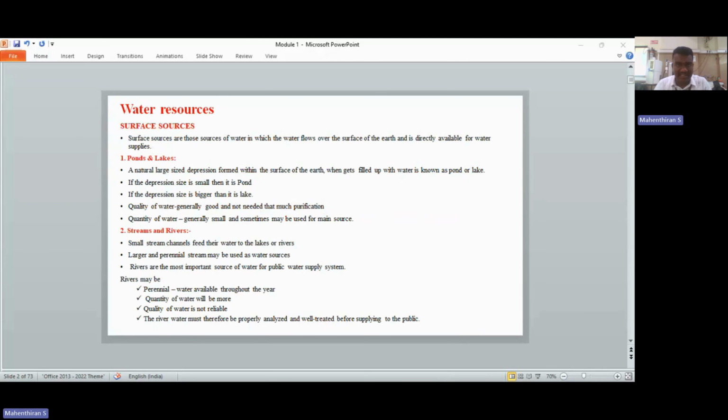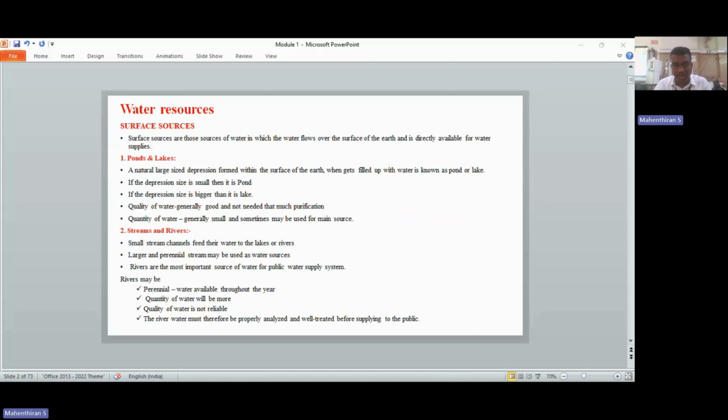If it is small in size, we are referring to it as the pond. Similar to that, if it is larger in size, we are referring to the same as the lake. The major difference between the pond and the lake in terms of depth is the pond will be usually shallow, whereas the lakes are greater in depth.